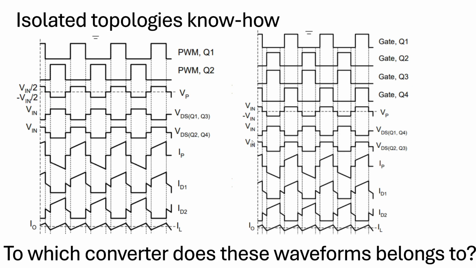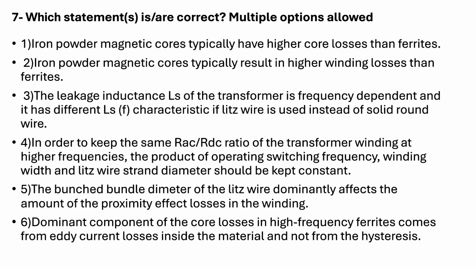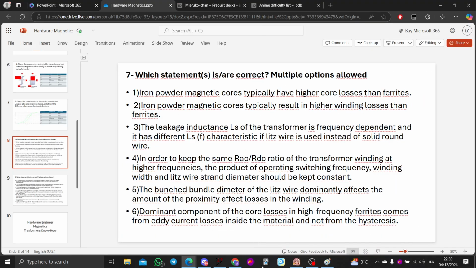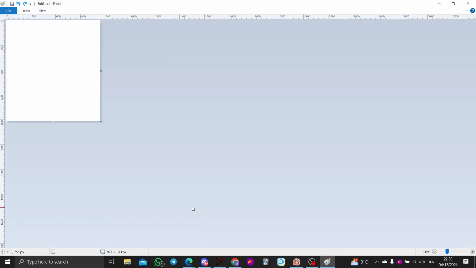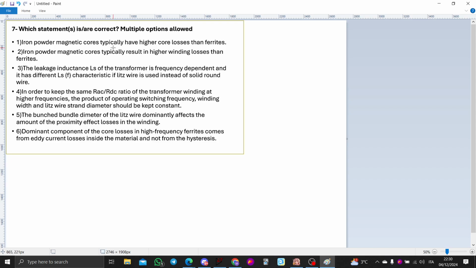I think it's quite easy to understand, but we can verify very easily with LTspice. Okay, so let's start with all these questions. I will take the screenshot and put it on Paint so that we can give a very fast motivation.